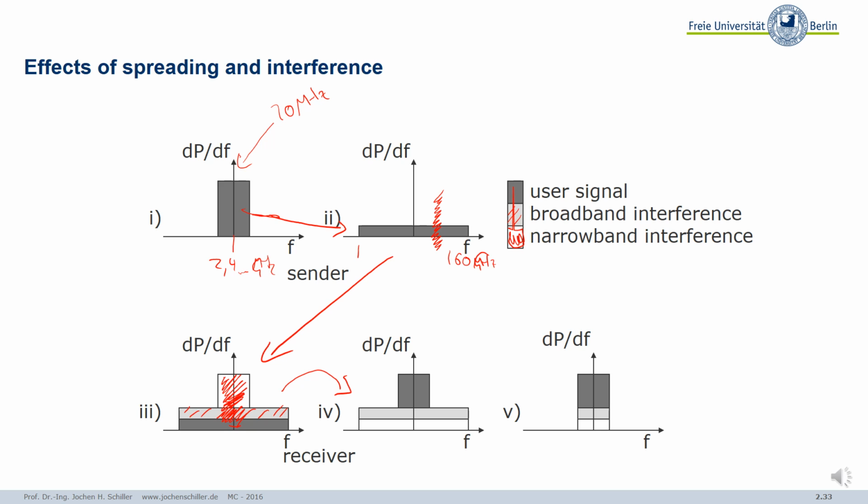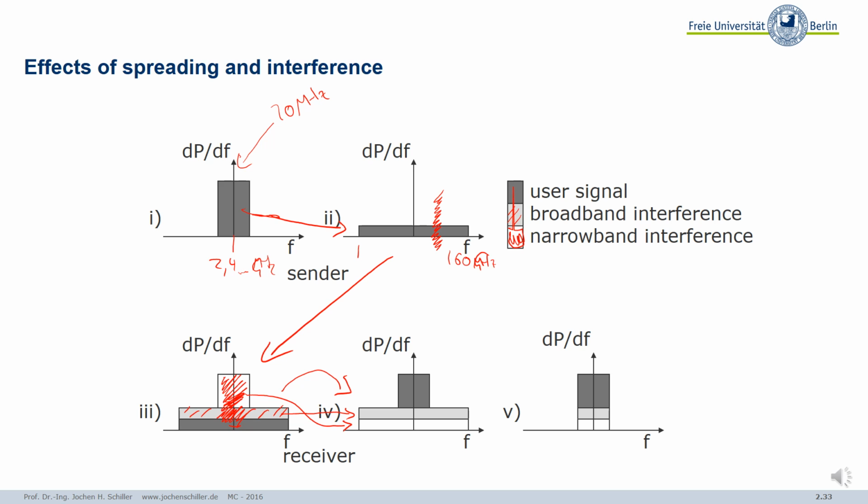And the narrowband interference, which is not coded in a certain way, will then be spread out over a certain amount of the spectrum. So broadband stays broadband interference, narrowband becomes broadband interference, and only the user signal can actually be reconstructed in a kind of narrowband.